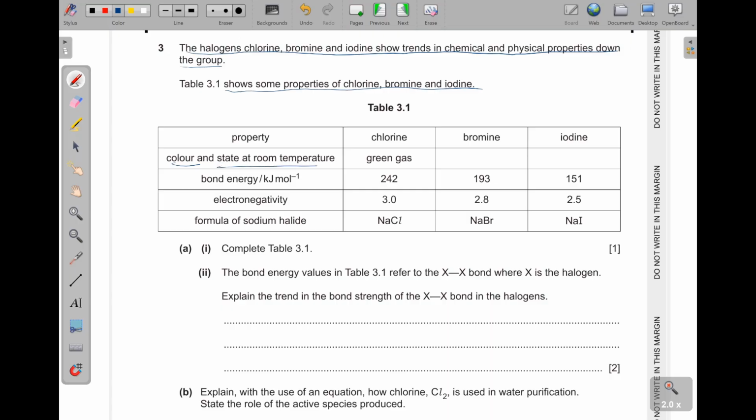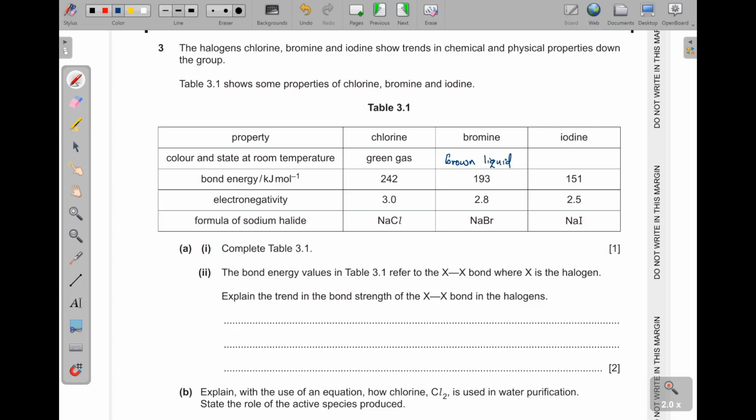Color and state at room temperature. Chlorine is a green gas. Bromine, and they are telling us to complete. Bromine is actually brown and a liquid at room temperature.